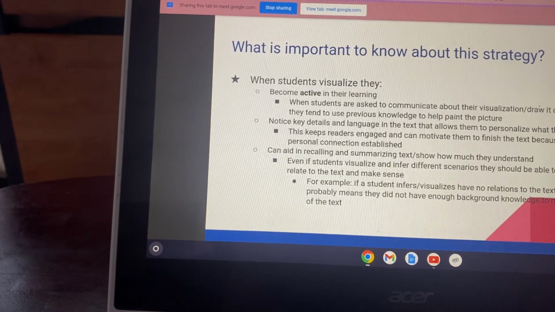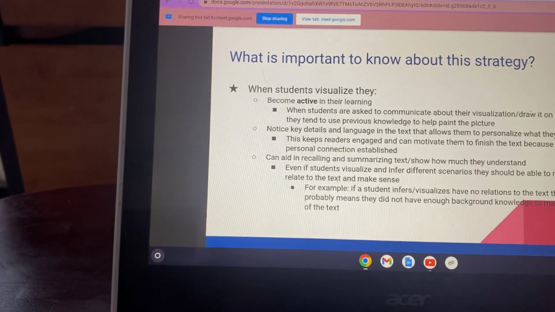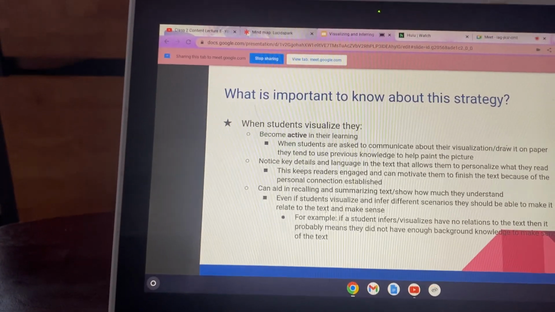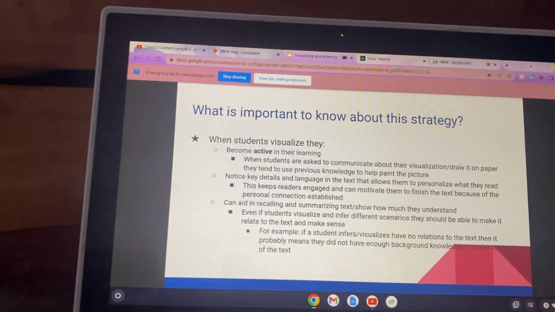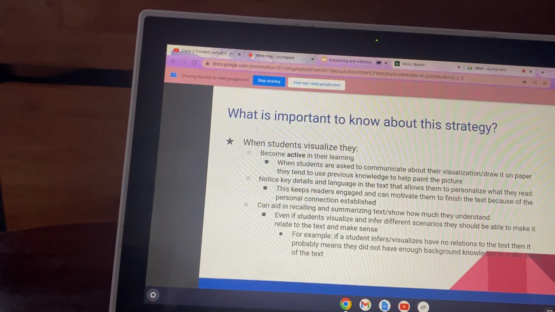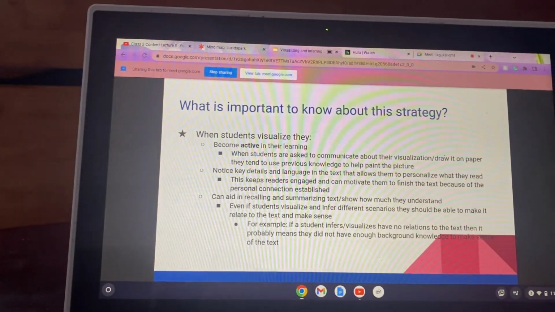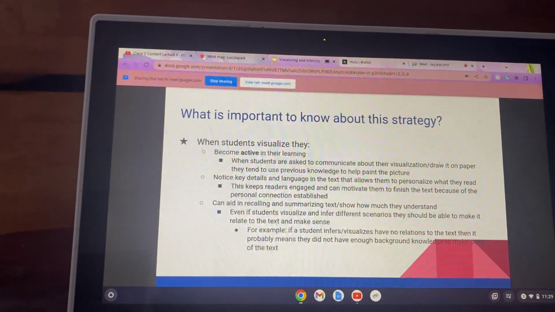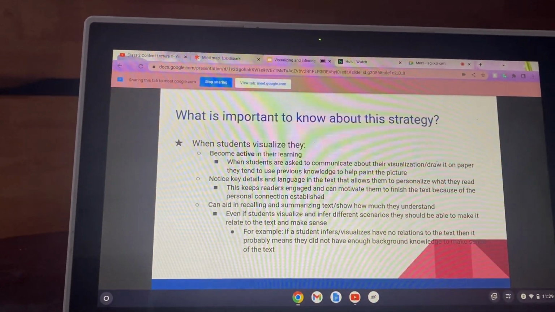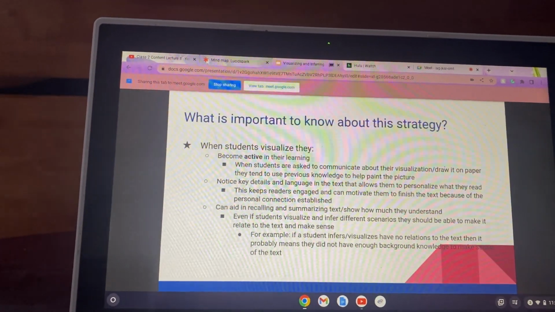So visualizing also helps them notice key details in language in the text that allows them to personalize what they read. I think this is one of the most important things about visualization, is that it personalizes what they're reading and makes them form a connection with it.